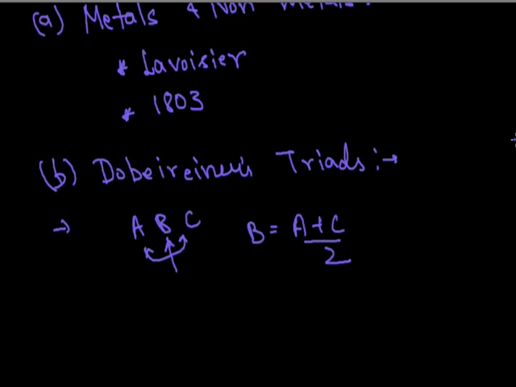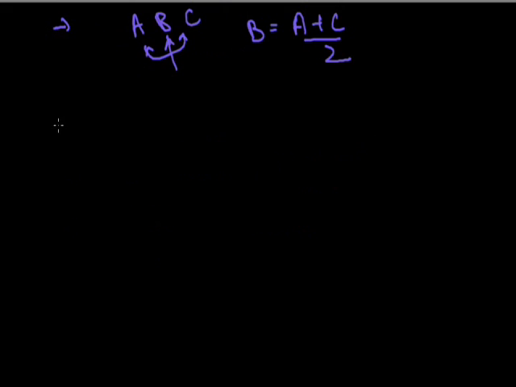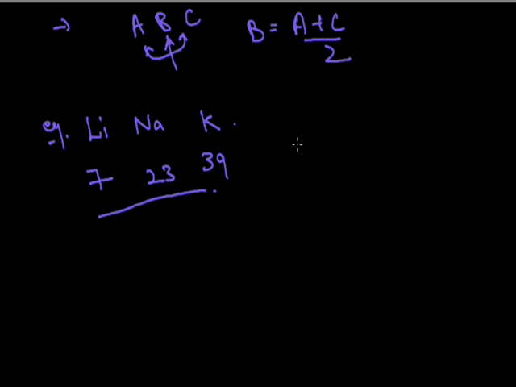So practically we understand it with the help of the example of lithium, sodium and potassium. This was one of the triads which formed. The atomic mass of lithium was 7, potassium 39, sodium 23. So how is this applicable to the triad, we'll see. We will add the atomic mass of A and C, lithium and potassium, and divide by 2, so it will give 23, which is nothing but the atomic mass of sodium.